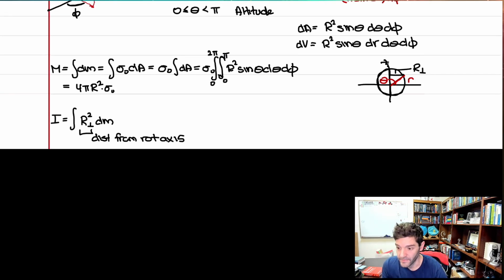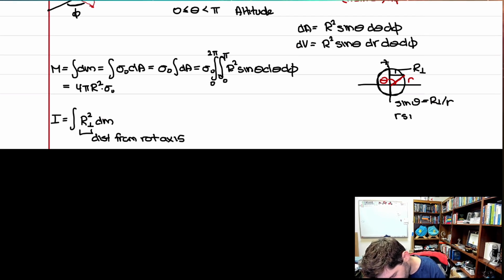And thankfully, it looks like there is a right triangle here. The hypotenuse is r, and I'm looking at the opposite side. So sine of theta is opposite over hypotenuse, or r times sine theta is this perpendicular distance.